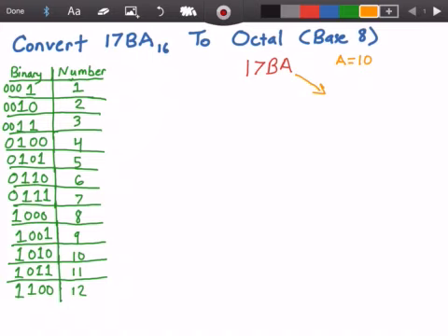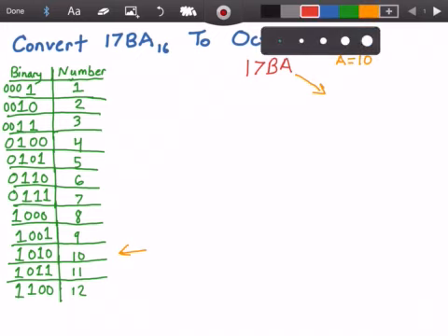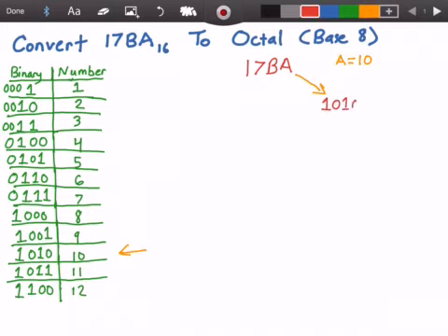So we go to our chart where we have the number 10, and we see that the binary representation of the number 10 is 1010. So here we're going to put 1010.